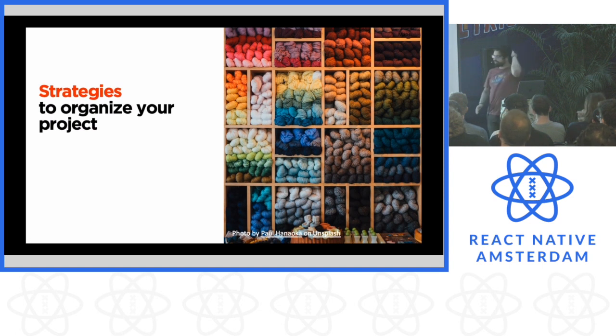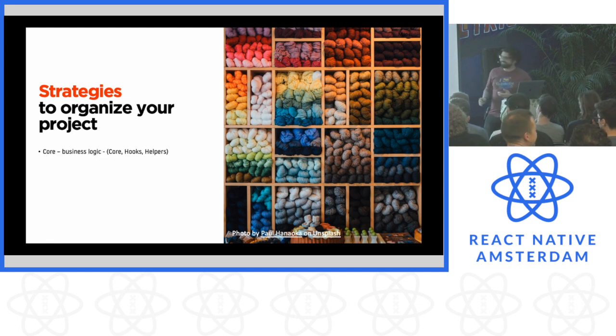Strategies. It's really hard to pronounce this word. Strategy to organize your project. My idea is the core business logic: you can create a workspace, my awesome project /core, inside this package, and share our hooks and some kind of business rules, helpers or logotypes or things like this.